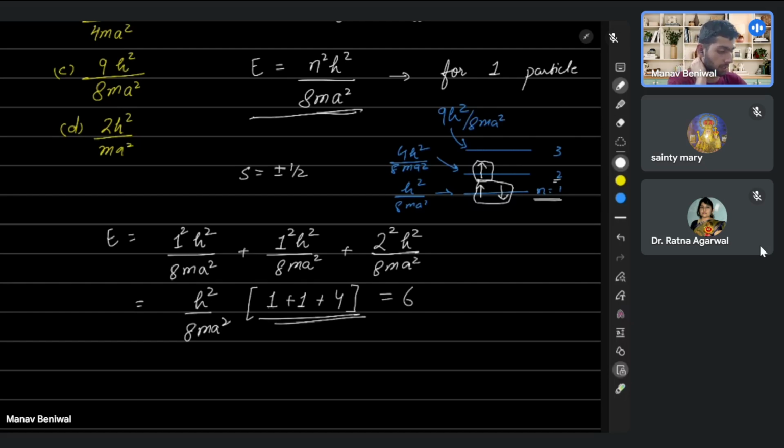So this becomes 6 by 8, and we can cancel. So this will be 3, and this will be 4. So our final answer will be 3h squared over 4ma squared. This is the total energy of the system, the ground state energy, or the lowest possible energy.